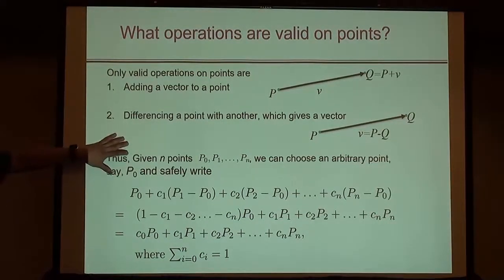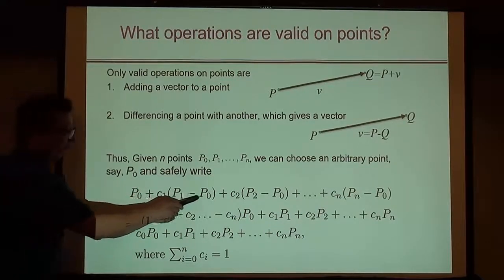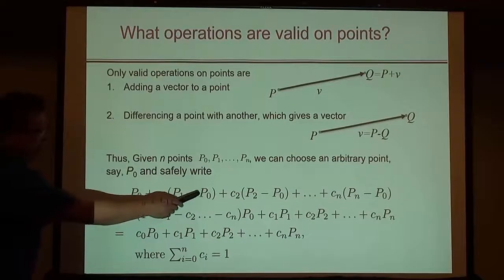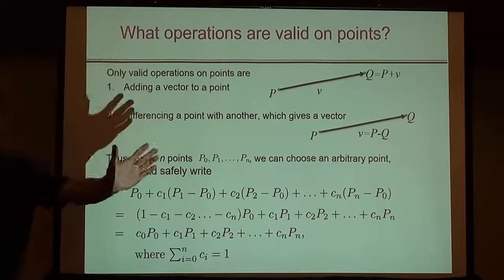So if you impose these rules, you can see that if we have a point and we add a vector to it, and we represent the vector as the difference between two points, and we don't know what this point is.